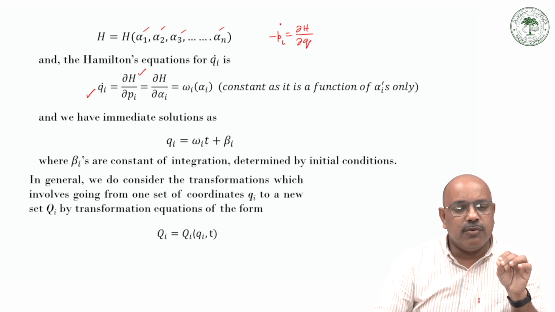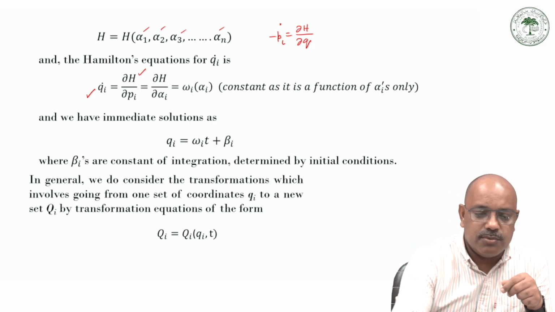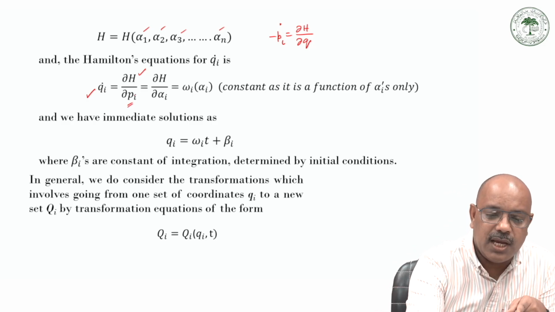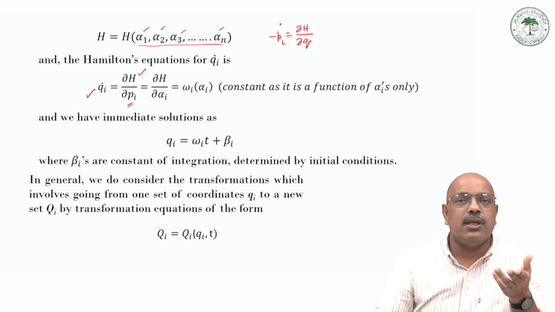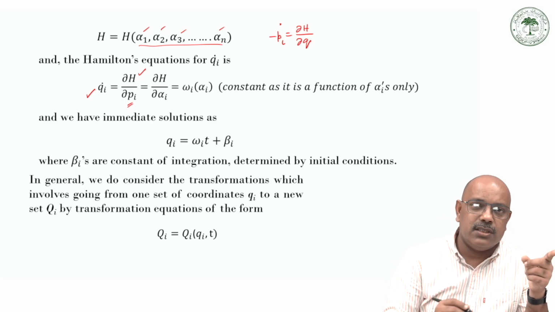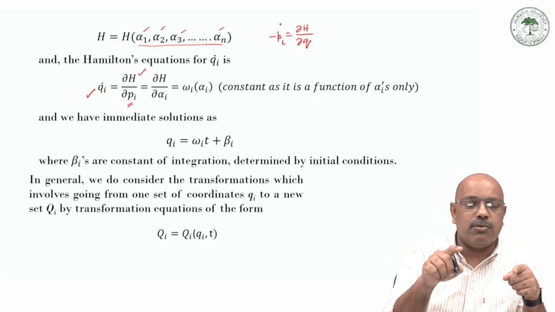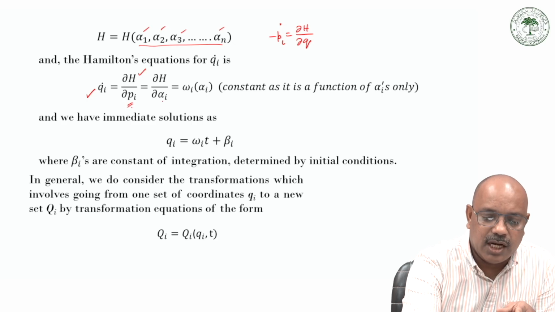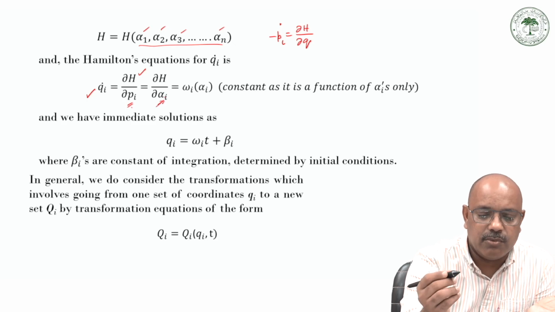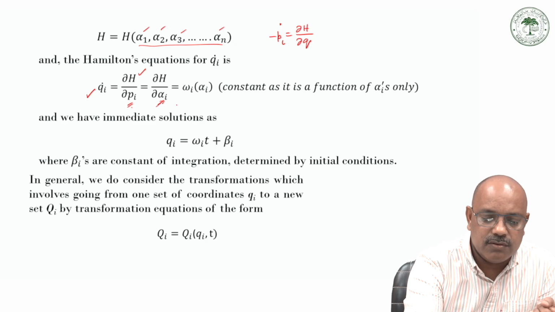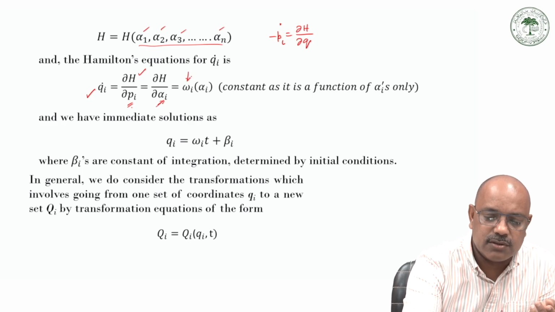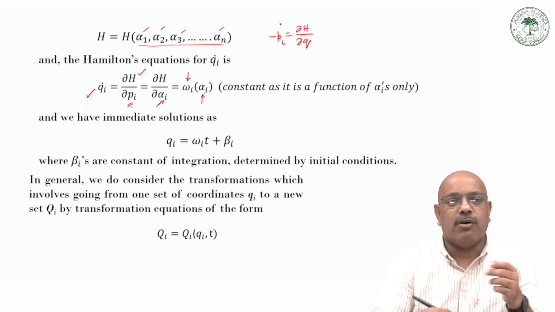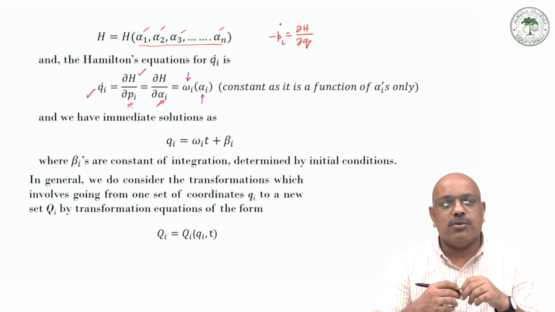So if you calculate delta H upon delta pi for q dot, that is in terms of pi. You know that these pi's are going to be constant because the corresponding generalized coordinate is absent from the Hamiltonian; these are cyclic. So I am differentiating with respect to some constants, and whatever results is going to be a function of those constants.